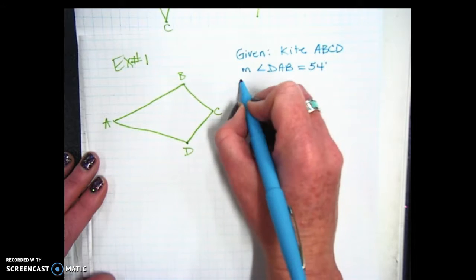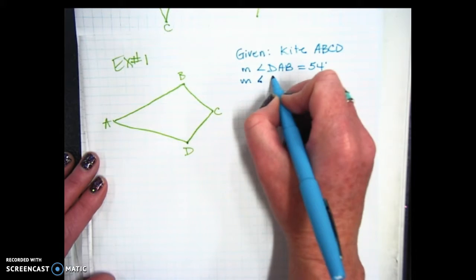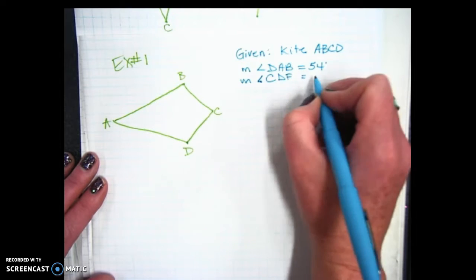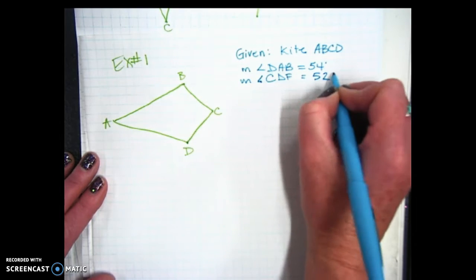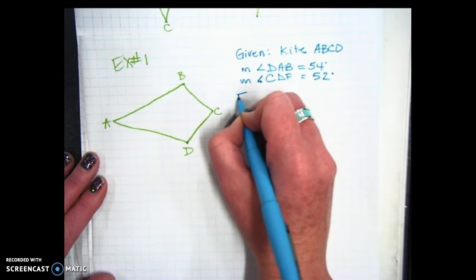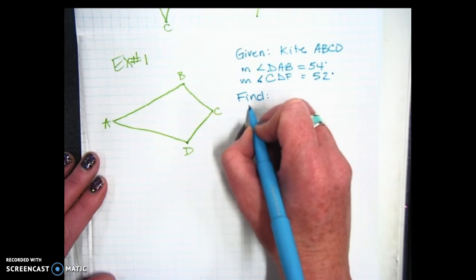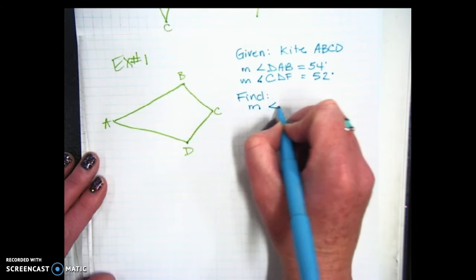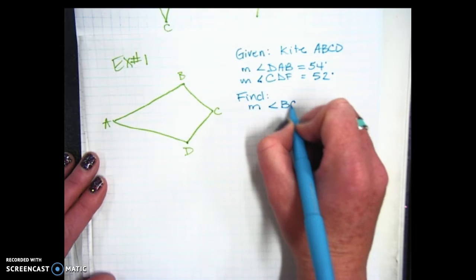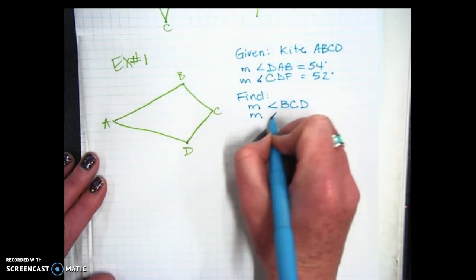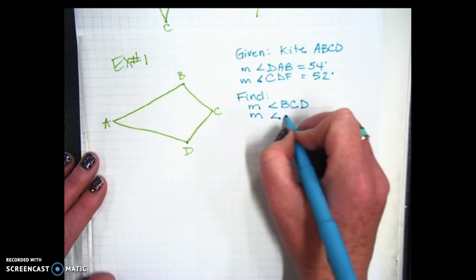And the measure of angle CDF is equal to 52 degrees. We're going to be asked to find a couple things. First, we want to find the measure of angle BCD and find the measure of angle ABC.